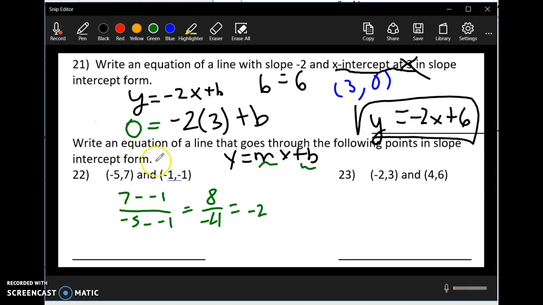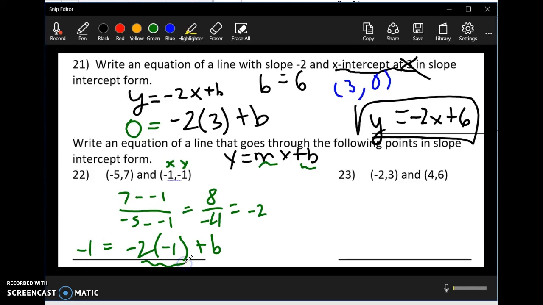So then we're going to have the equation, if we plug everything in, y equals -2x plus b. But again, we could plug in an x and a y. I'm going to use these points right here. So I'm going to plug in that x and that y. And so let me erase this a little bit right here. What that would end up giving me is -1 is equal to -2 times -1 plus b.